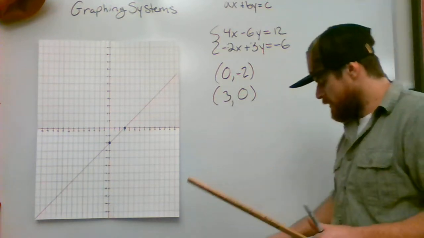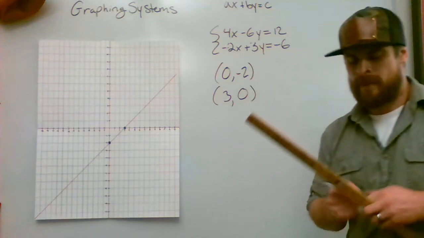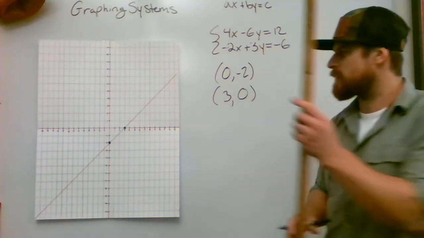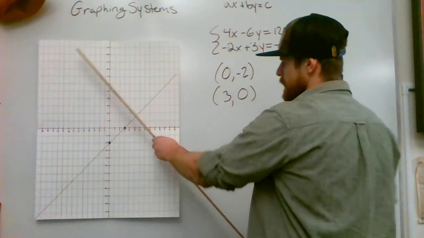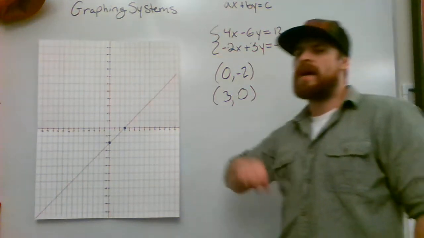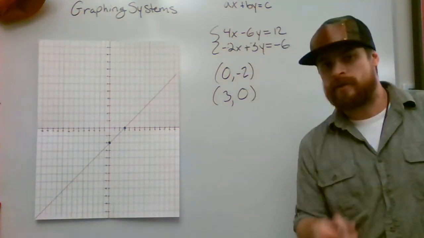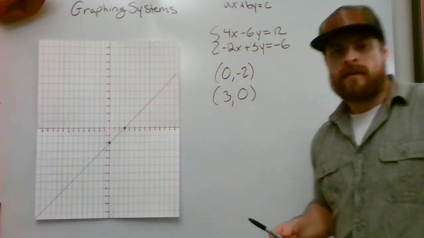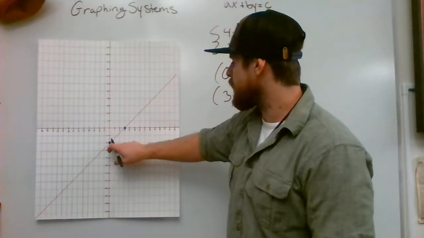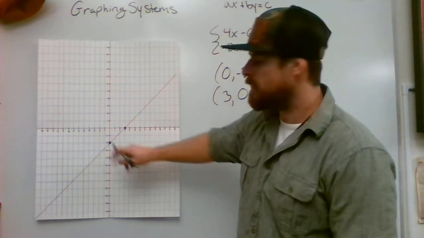Now what you're going to notice here on this equation and on this problem, we're looking for where these two lines intersect, such as this line and this line. But if you're looking at these 2 points and looking at the graph that I've already done, you're going to notice something. Okay? We have 0, negative 2 already plotted.